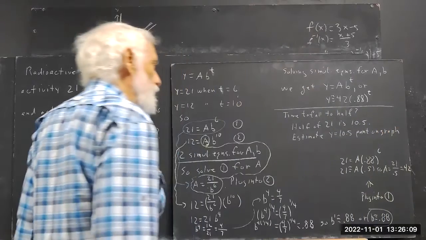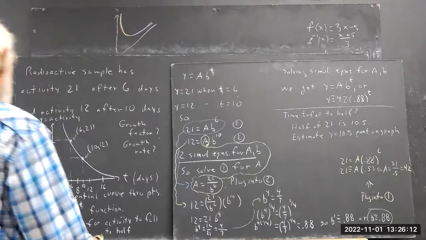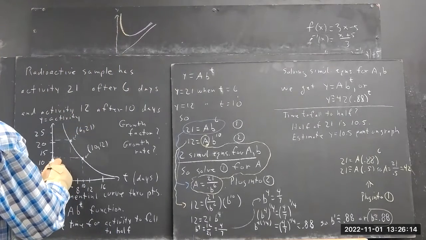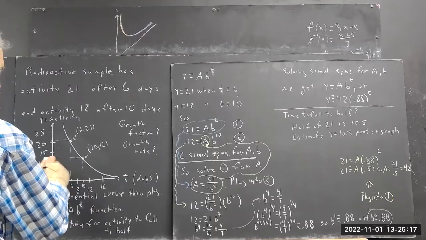We want to estimate that point on the graph. So 10.5, well, 10's here, and 10.5 is just a little over 10.